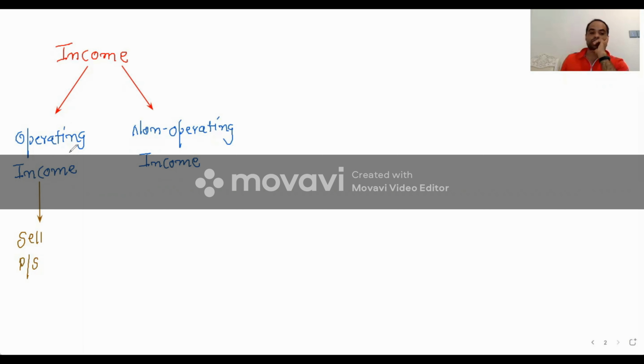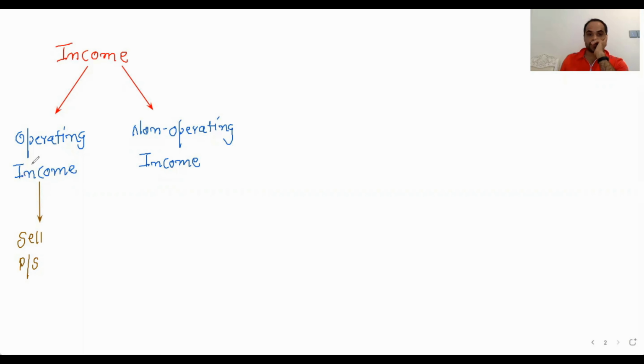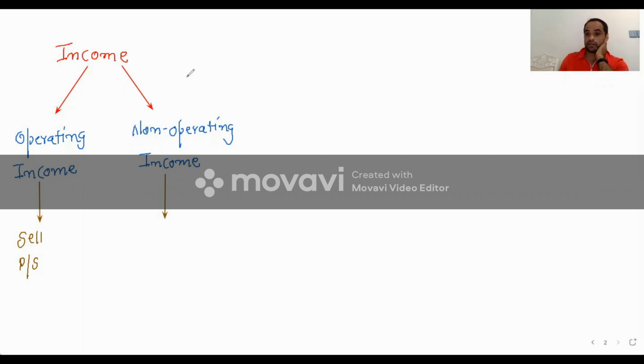Income from selling product and service. Non-operating income is the income which is of course not from selling product and service. It comes from the other sources of income that the company has.